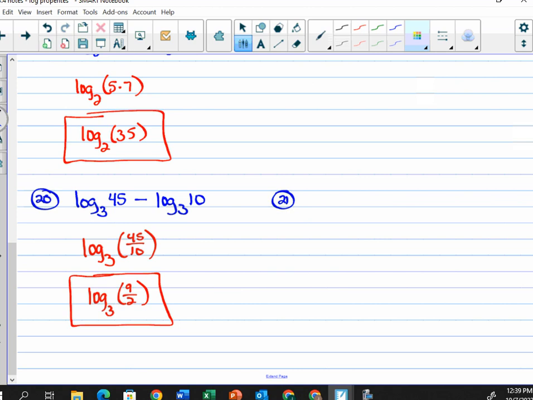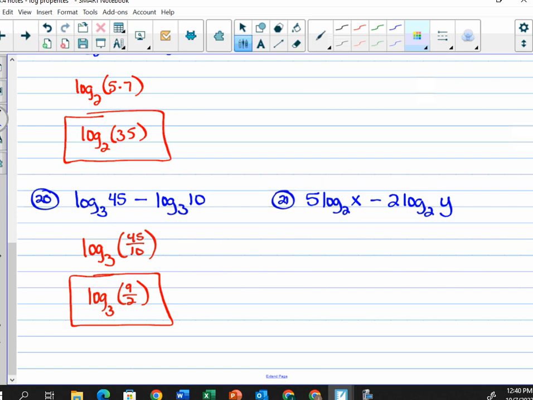All right, let's throw another property in there. 5 log base 2 of x minus 2 log base 2 of y. All right, guys, try it.